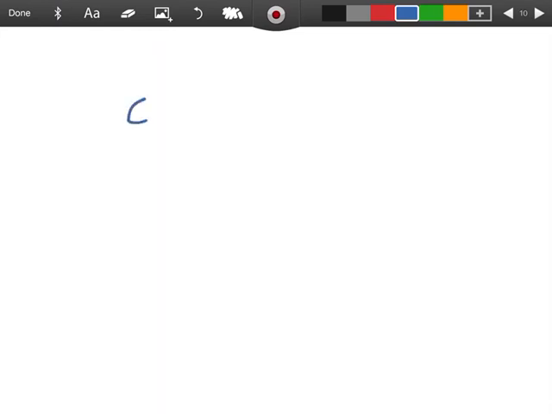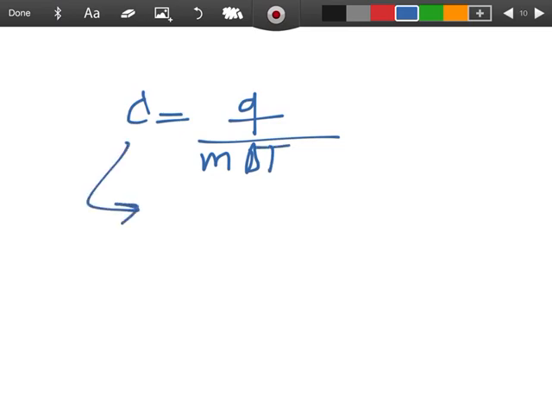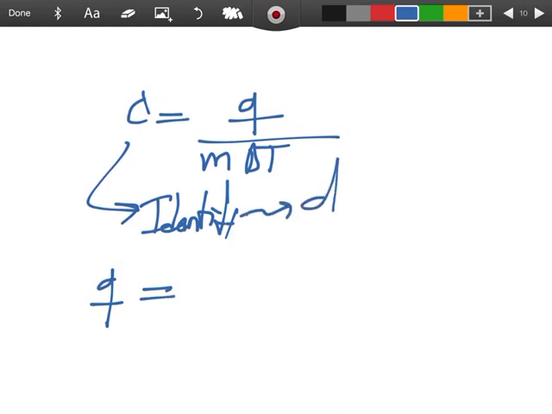So the specific heat capacity, we already know, is the amount of heat over mass times the change of temperature, and it's going to identify a substance. But look at this. We can also clear Q and make Q a function of something that we know is going to be constant no matter what the circumstances are.